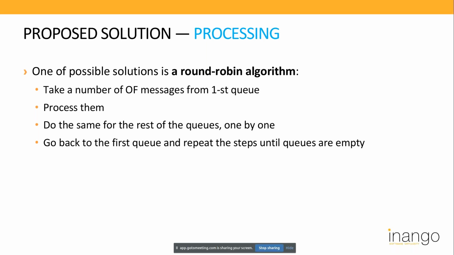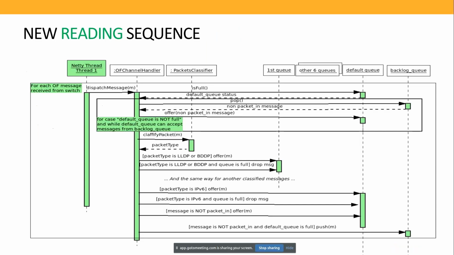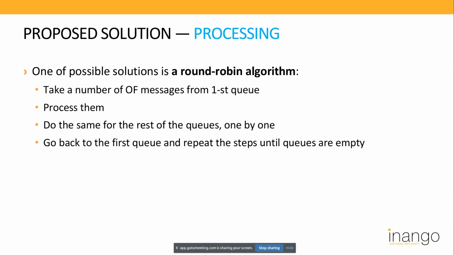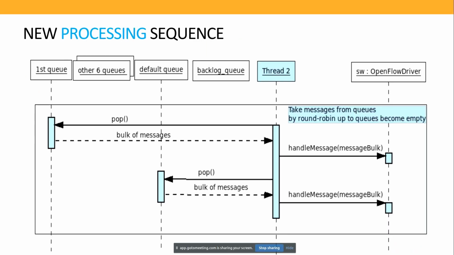And this is why for the default configuration, we filter out only LDP and BDDP packets to make sure that all other packets will go in the proposed order. So graphically, processing will look like this. Read a bulk of messages from one queue, from the second, and so on.